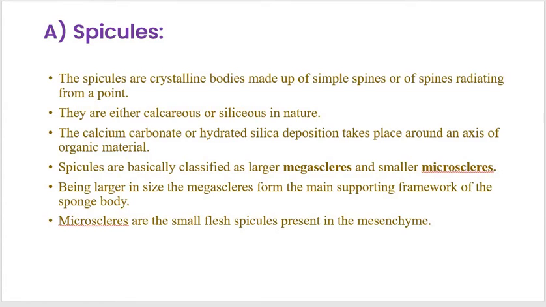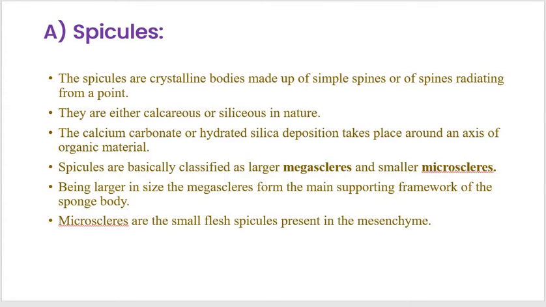Being larger in size, megascleres form the main supporting framework of the sponge body. Whereas microscleres are small in size, like flesh spicules, and are present in the mesenchyme. So according to size, spicules have the names megascleres and microscleres, and according to their location they perform different functions.